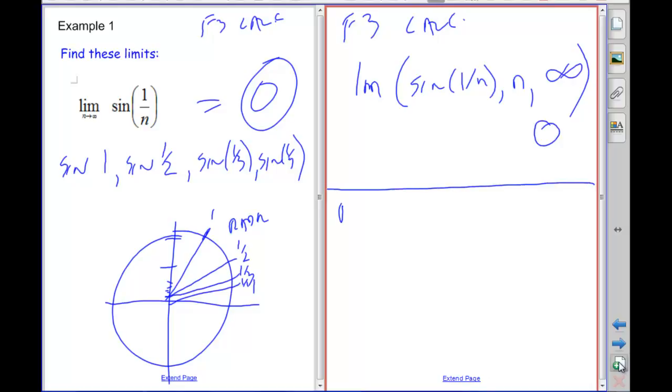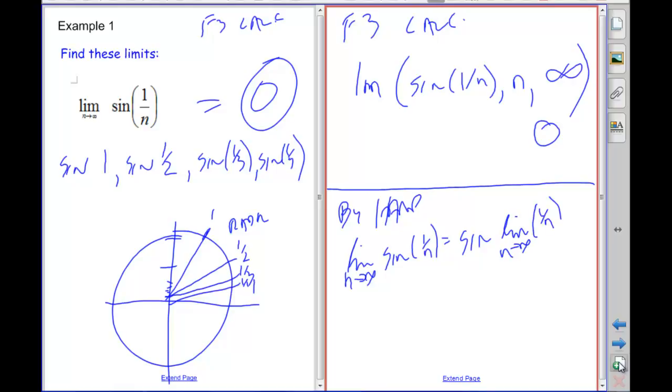Now let's do this by hand. Here's the trick to do it by hand. The limit as n goes to infinity of the sine of 1 over n will be the sine of the limit as n goes to infinity of 1 over n. If we have a composition of functions, we can look to see what the change in n is doing to the inside of the function.